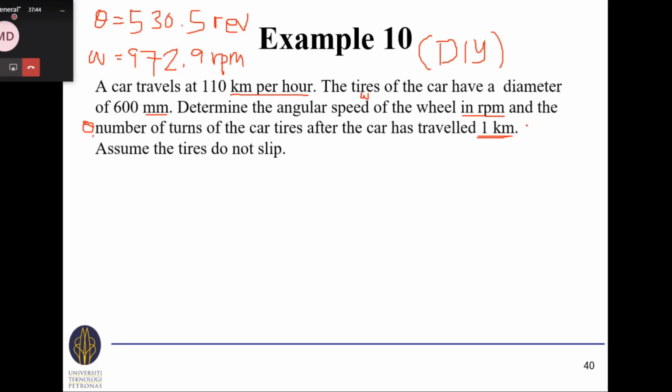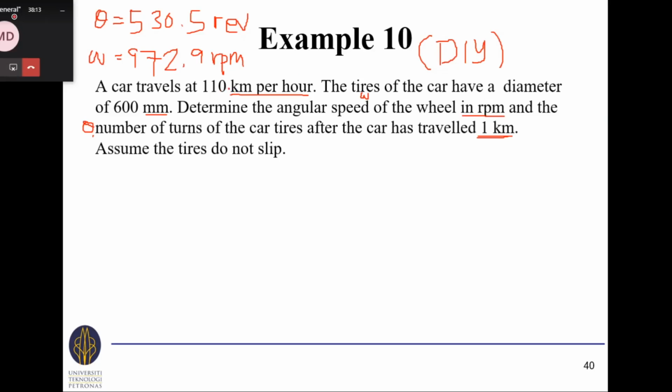In this question, you are given the speed, but you are not given initial or final values. So that means you just need to use the appropriate formula to find theta and omega. What you have in the question is the speed in kilometer per hour.